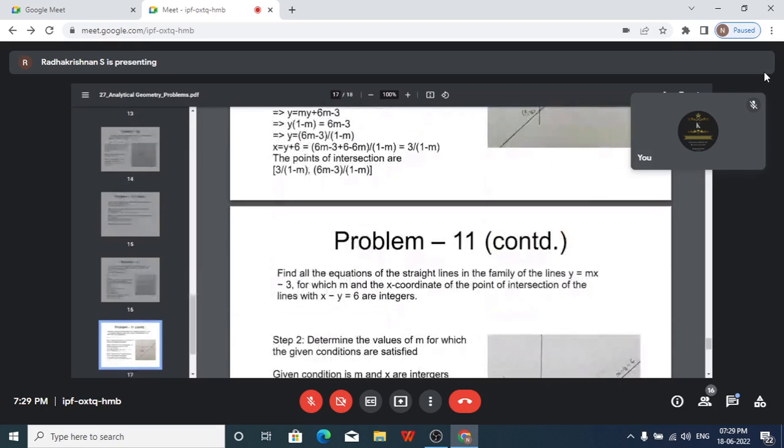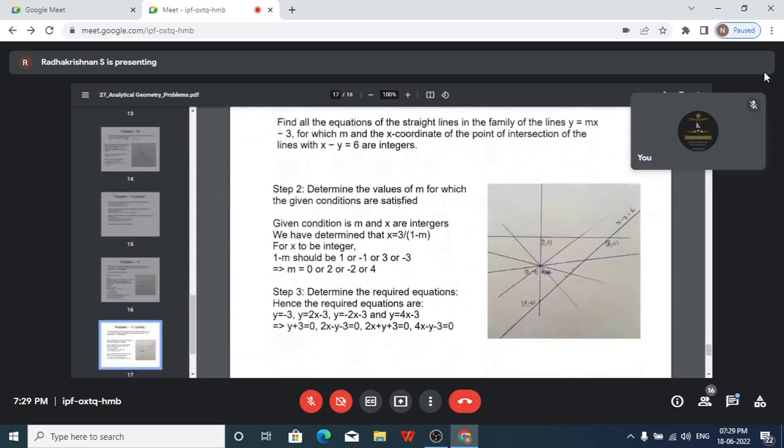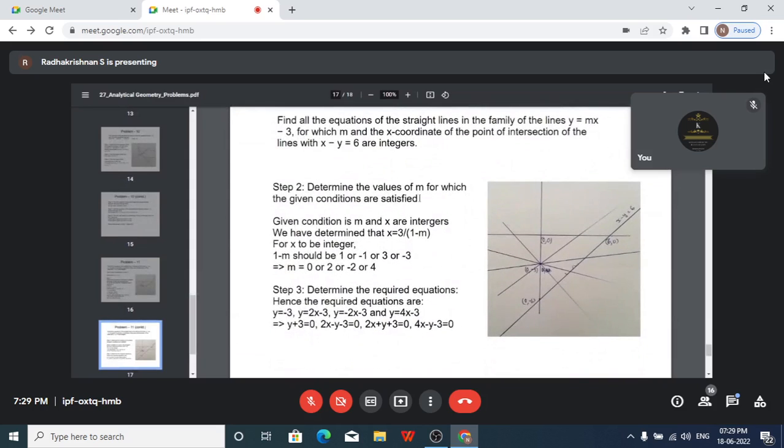So let me move on. Step 2: determine the values of m for which the given conditions are satisfied. The given condition is that m and x are integers.